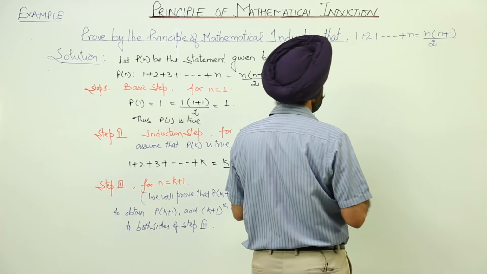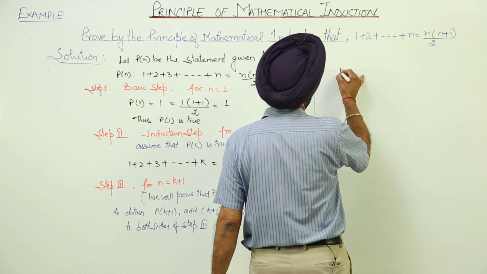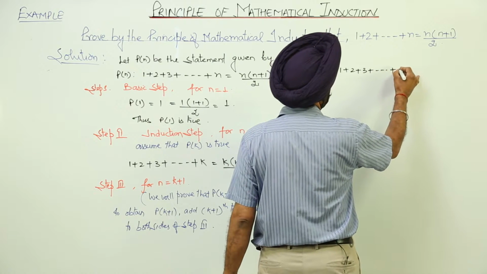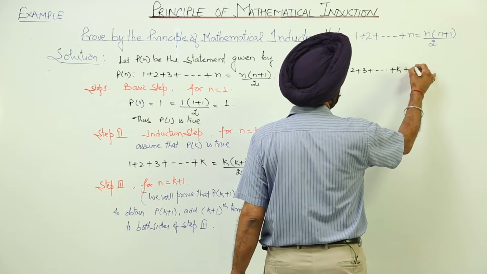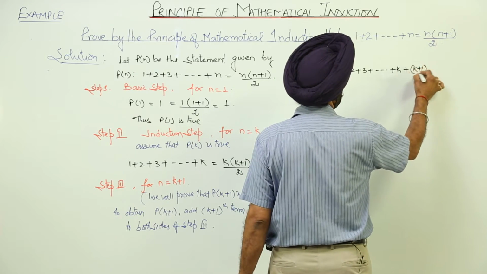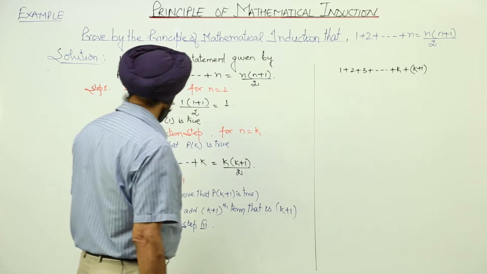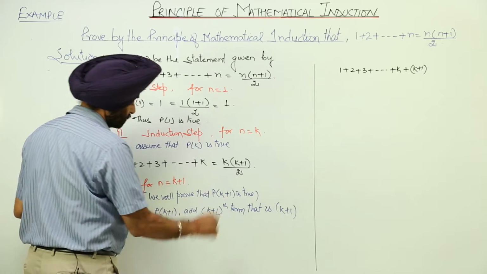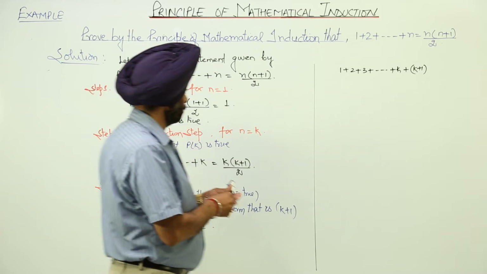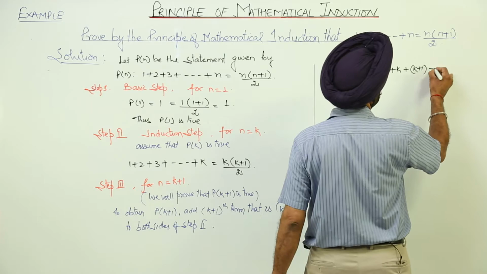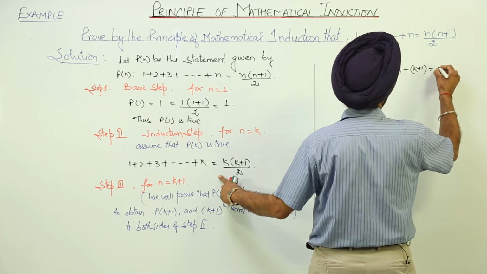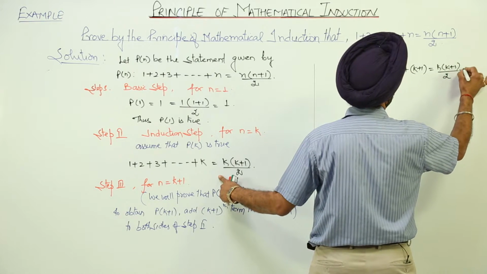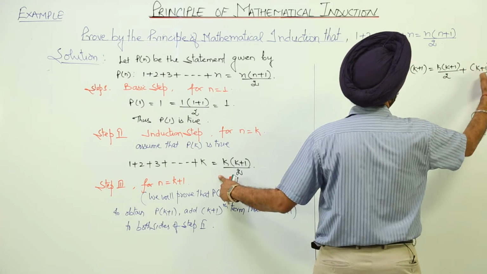Now, what are we getting? 1 plus 2 plus 3 plus ... plus k plus 1, I mentioned here to both sides of step 2, not 3, for step 2, is equal to, here it is k times (k plus 1) upon 2 plus (k plus 1).